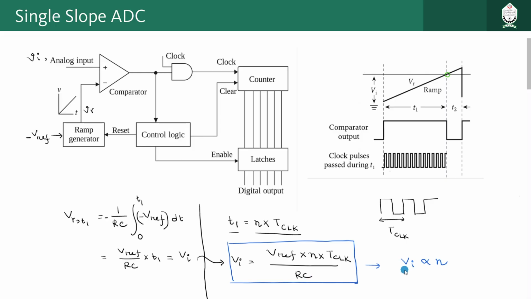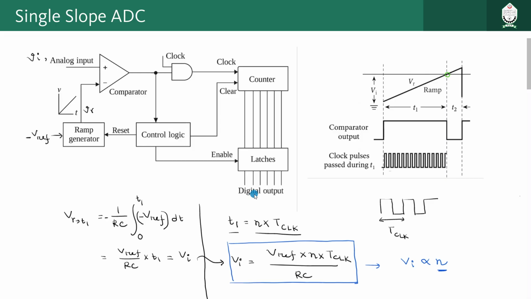We can say Vi, the input analog voltage, is proportional to the number we have counted up to, or the number of times we have incremented our counter. So obviously this value represents our digital value, because based on that we are going to get the digital output, which will be equal to the analog input we have provided. So we have proved that the digital output we are going to get will be equivalent to the analog input we have provided.